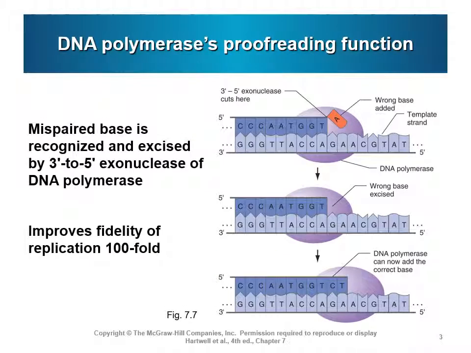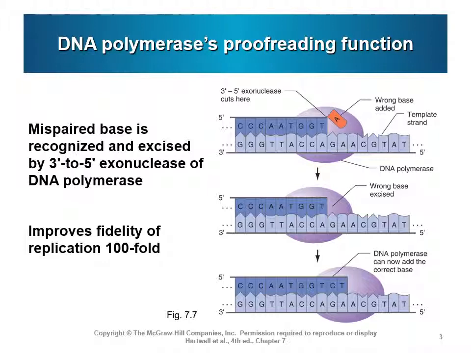So let's look at the graphical representation, a very simplified model actually, of the proofreading function here. This is what's happening: the exonuclease goes through 3' to 5'.